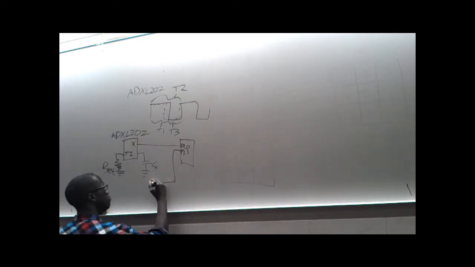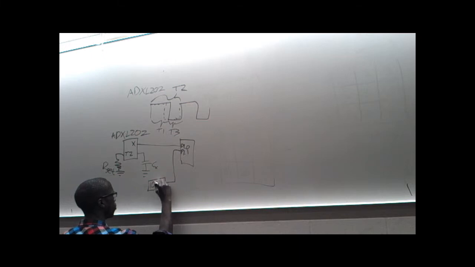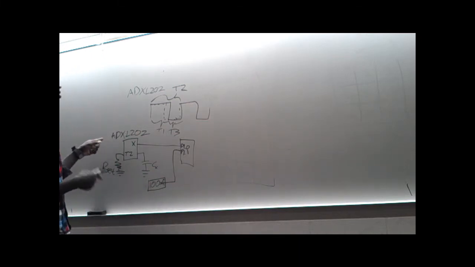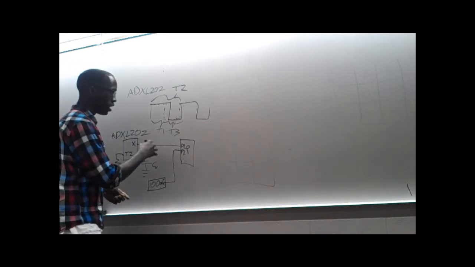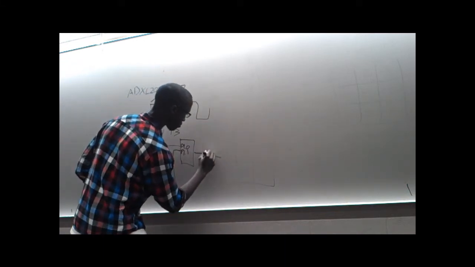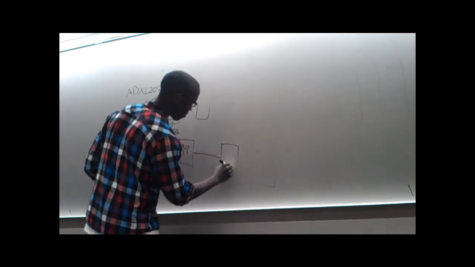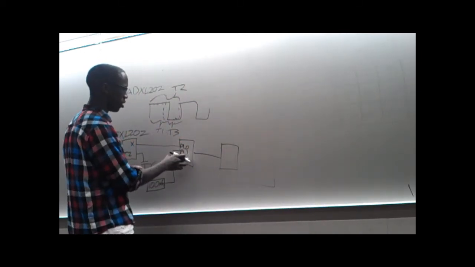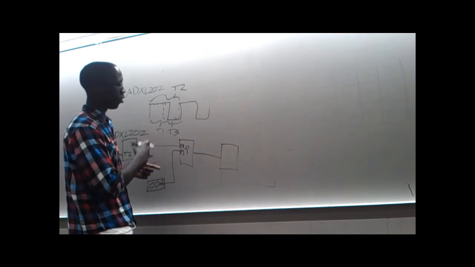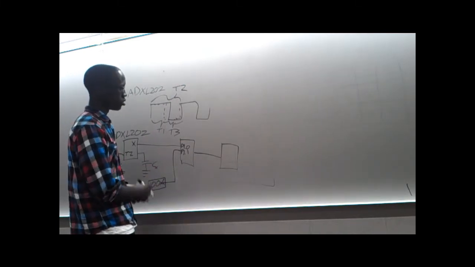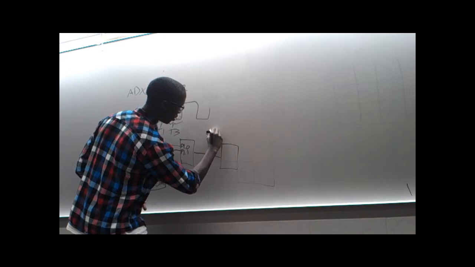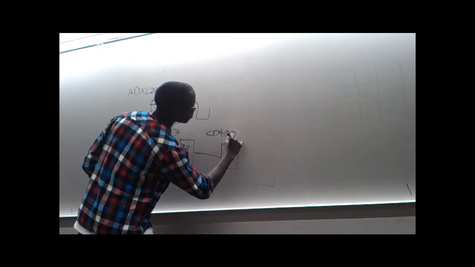Also input is an oscillator at 100 times the frequency of the ADXL202's output. After this is done, this is output to a decoder. This is to simply save on the number of pins required to be output directly from the microcontroller. Also, it can be output to an LED driver.